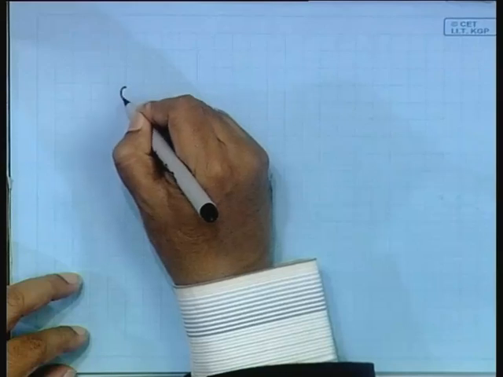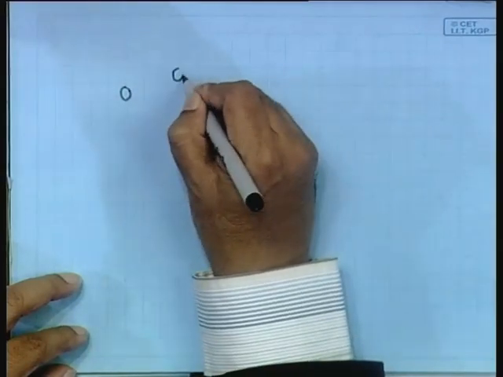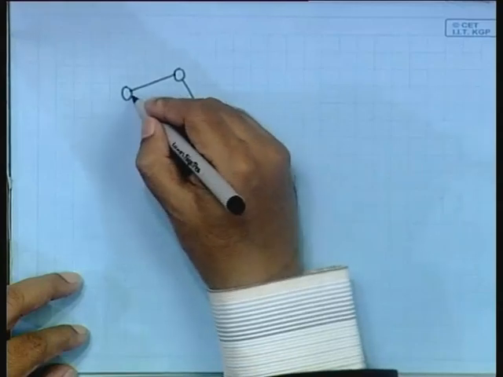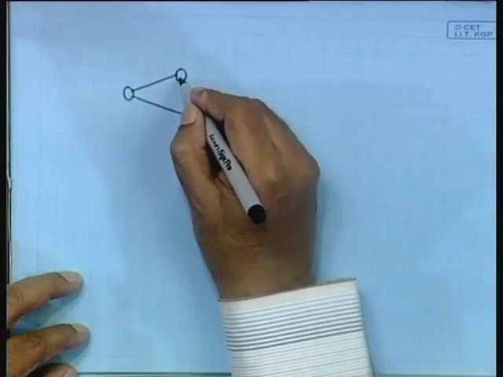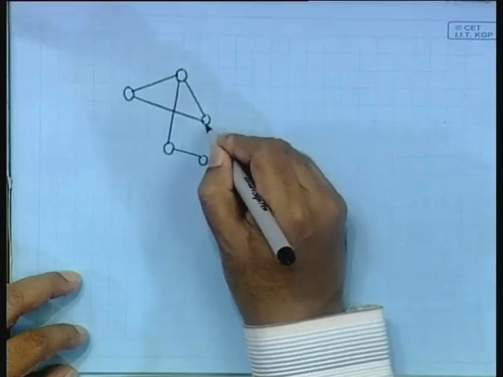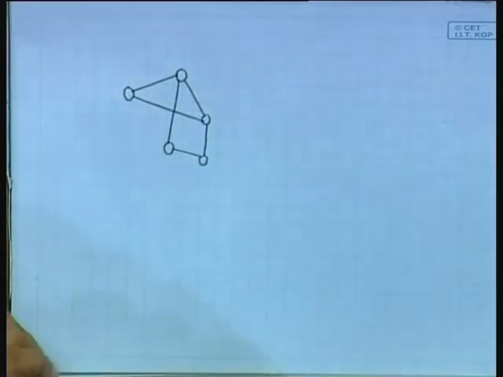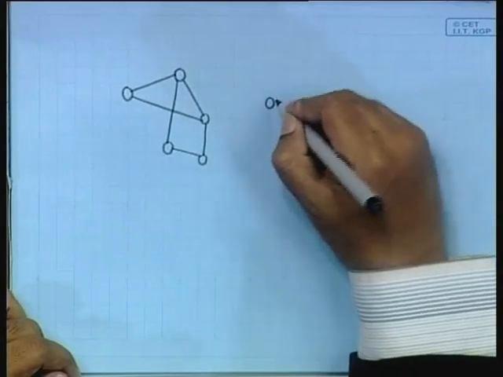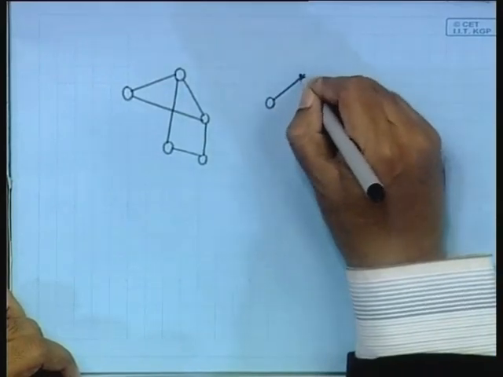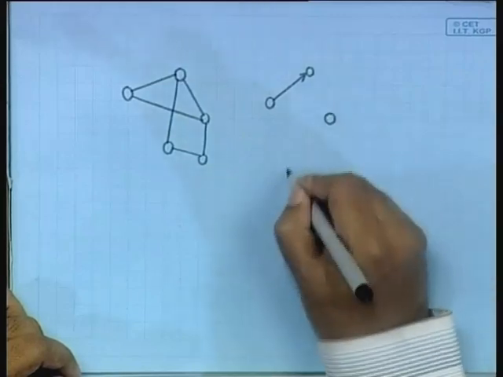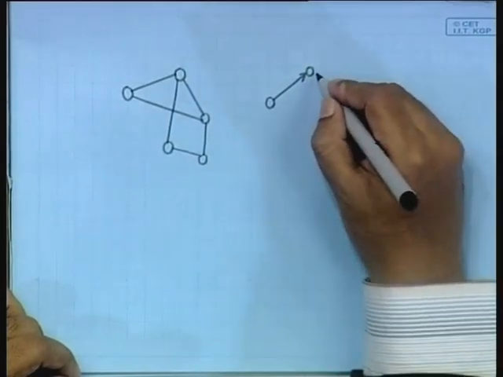I have this graph, okay. Now, one acyclic orientation of this is this, where it is the same graph except that we direct the edges.